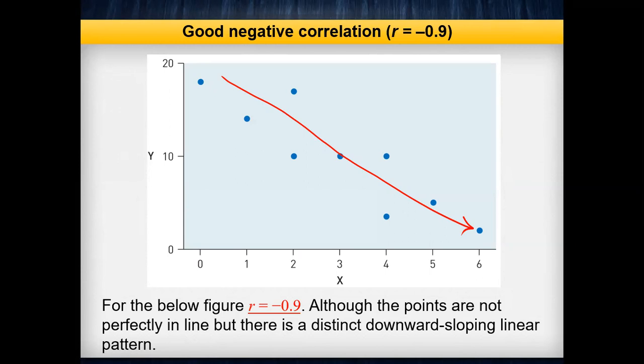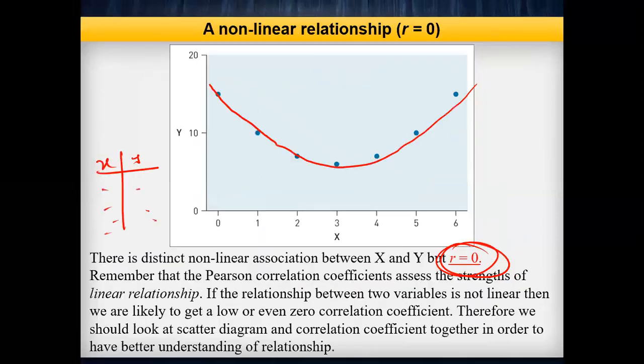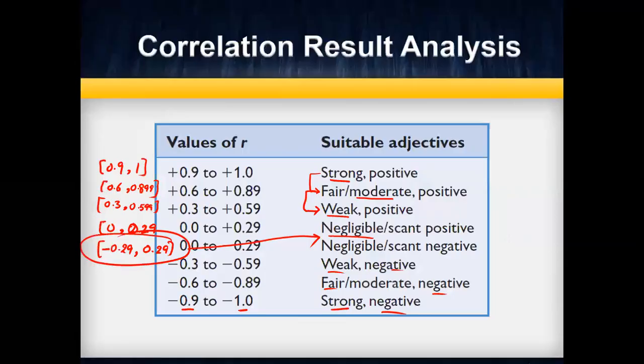It tells you a number, and with the help of the number you can measure the strength. The scatter diagram can only visualize. So visualization and measurement are both important in taking the final decision. This is what I wanted to explain.